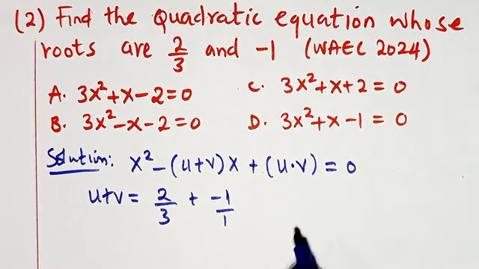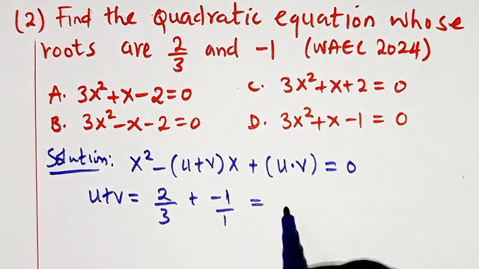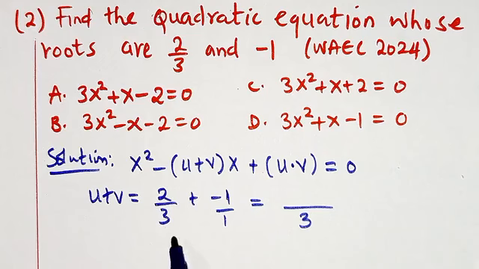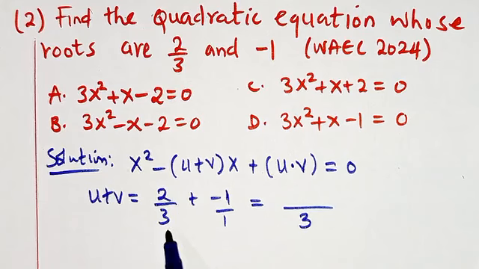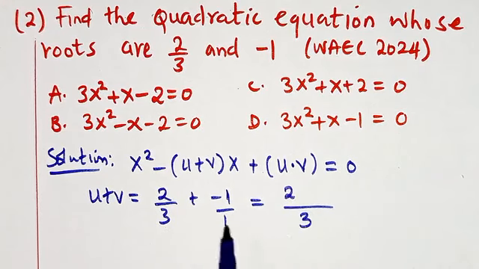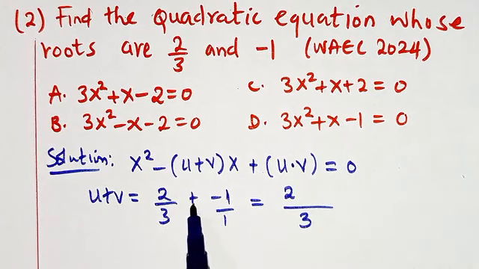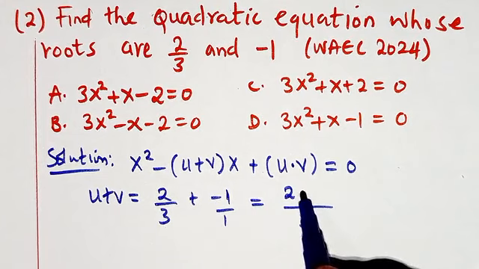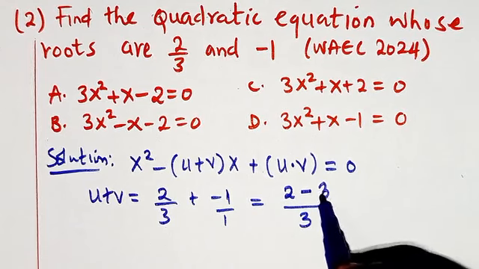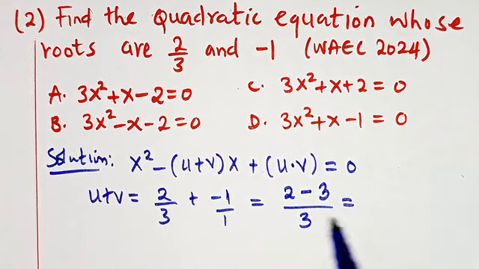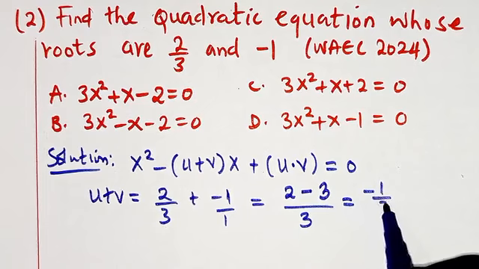The LCM of 3 and 1 is 3. 3 in 3 is 1, 1 times 2 we have 2. Here we have plus and minus, so this will be negative. 1 in 3 is 3, then 3 times 1. Therefore we have u plus v to be minus 1 over 3.